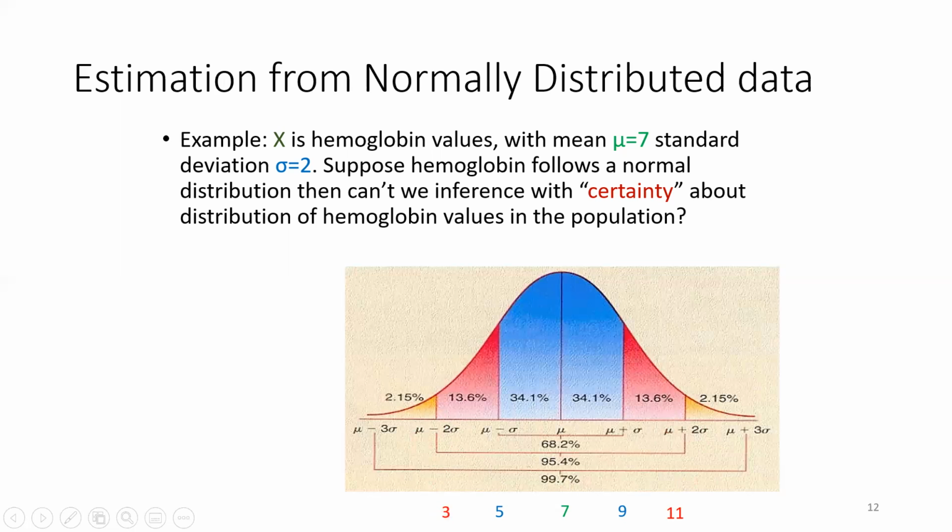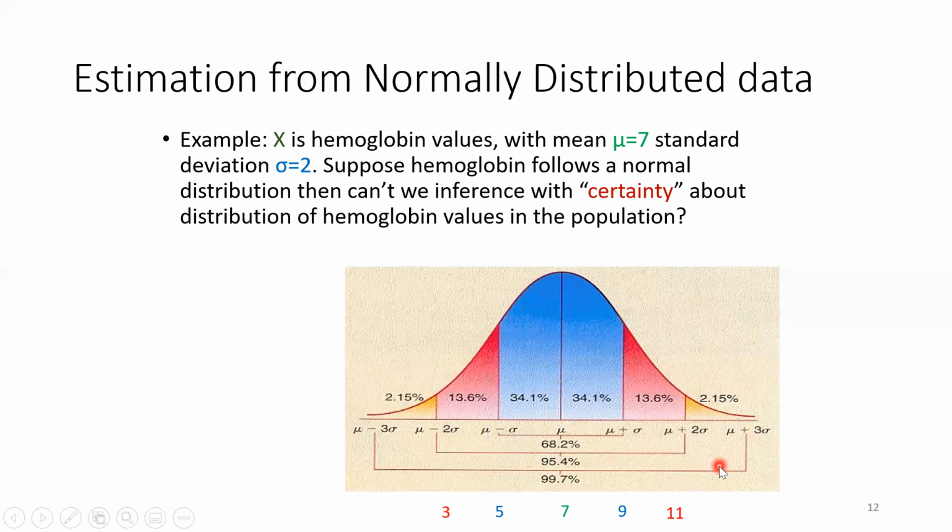So 3 to 11 covers 95.4% of the area, which is 0.954 probability. So we can say the chance of a patient having hemoglobin between 3 to 11 is 95.4%.